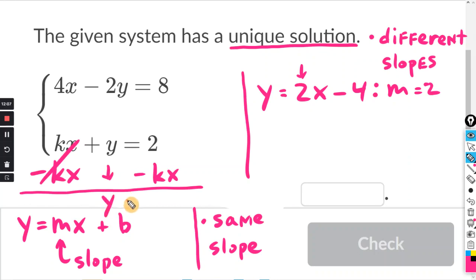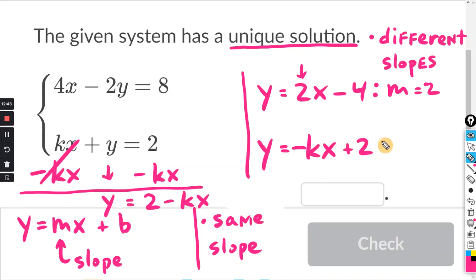Bring down the equal sign. And here we have 2 minus kx. So y equals 2 minus kx. But I want to match these equations together. So instead of writing 2 minus kx, I'm going to write the negative kx first, and then plus 2 on the end. All I did was reverse these terms so it would match the other line.